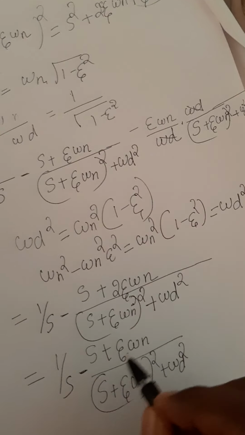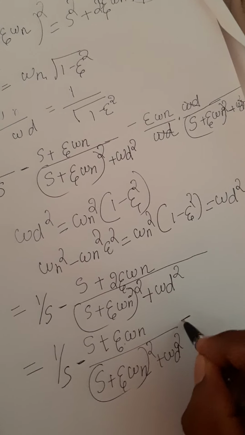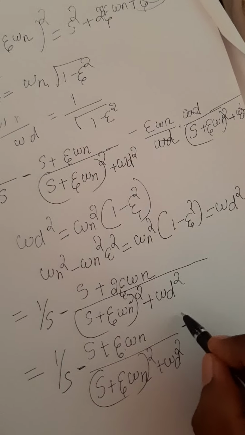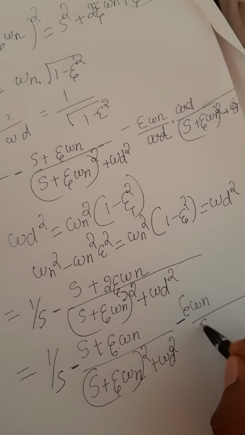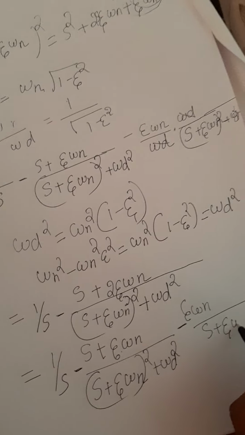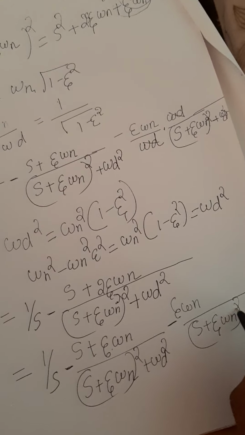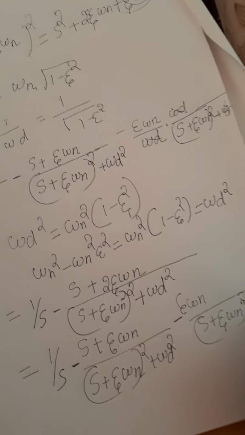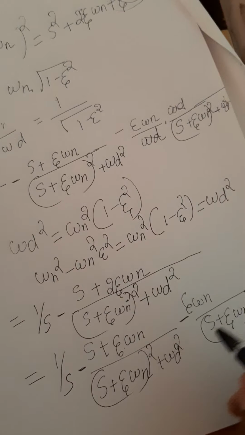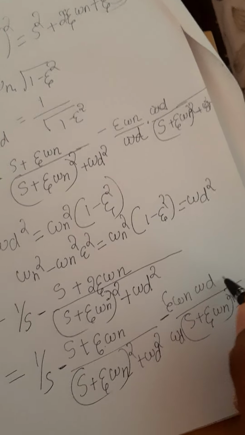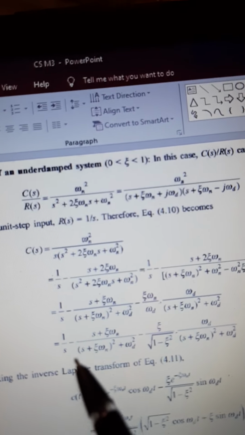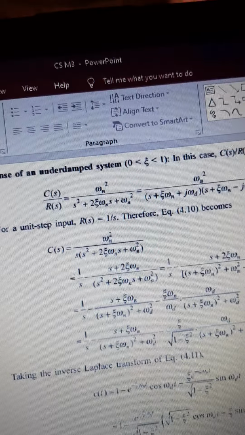Here, minus another psi omega n into (s plus psi omega n) all square plus omega d square. What they did is multiply and divide by omega d here. You see that. That is this expression.